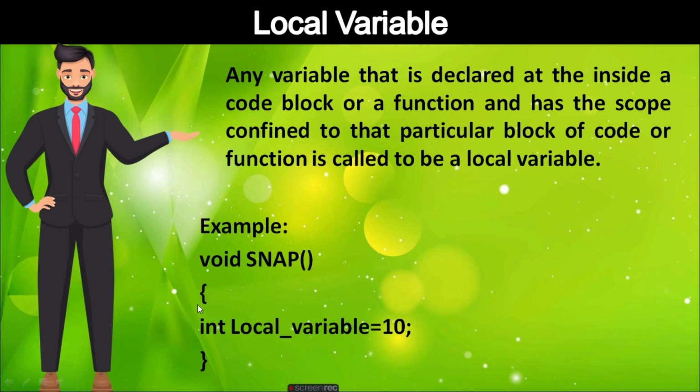This local variable is restricted to the opening and closing curly braces, meaning its scope remains in the snap function itself. Beyond or outside the snap function we cannot refer to this variable. So the scope remains in the function where the variable is declared. These variables are called local variables.